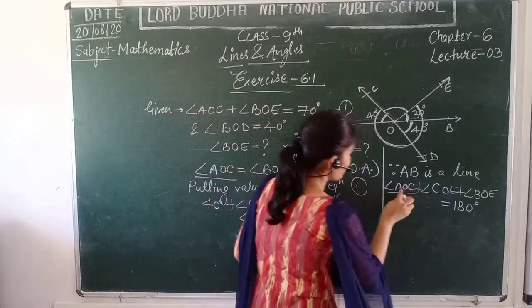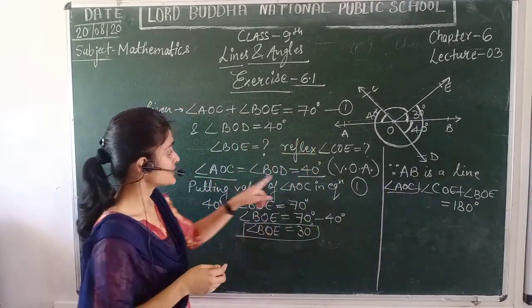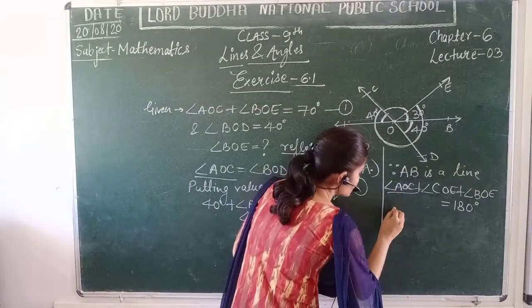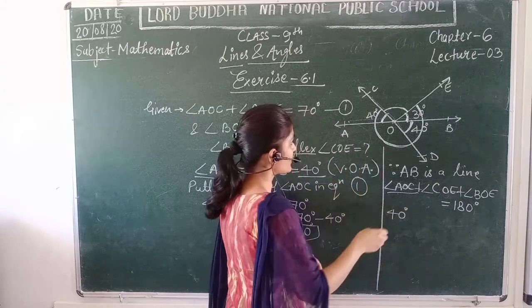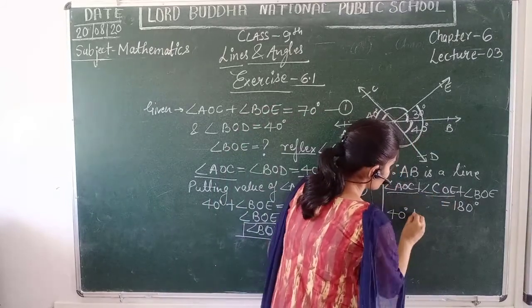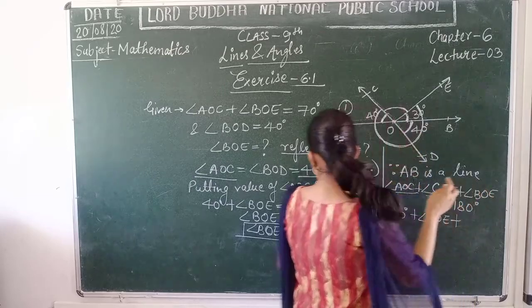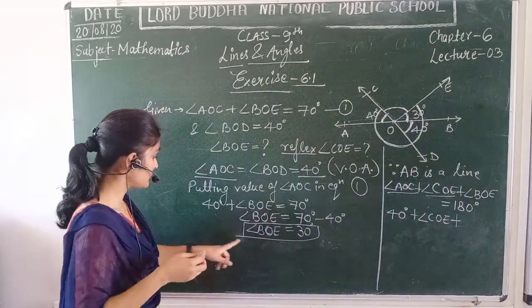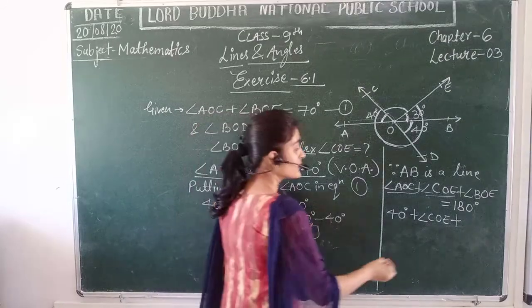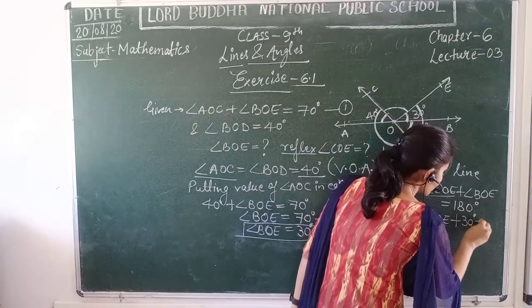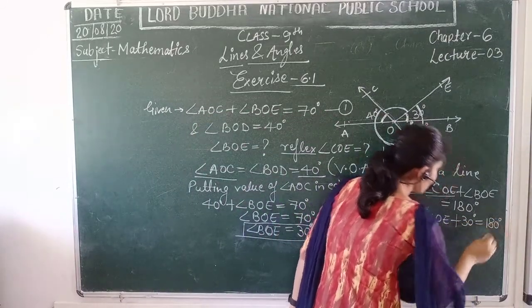We know the value of angle AOC, that is 40 degrees. So let's put 40 degrees here. We don't know the value of COE, so we will write COE here. Plus BOE, which we have found to be 30 degrees. So we will write 30 degrees here, and which will be equal to 180 degrees.